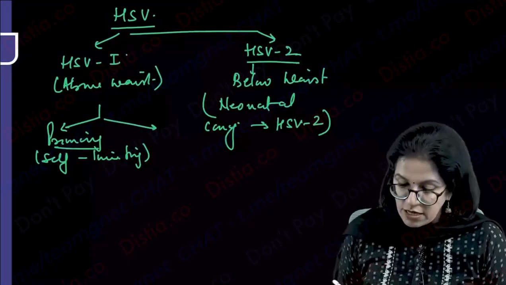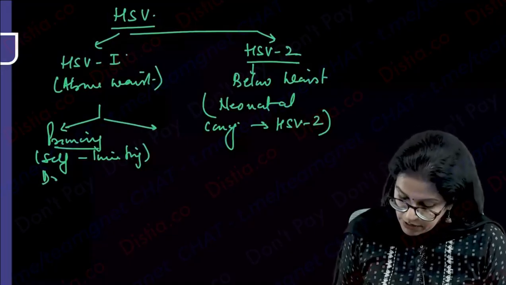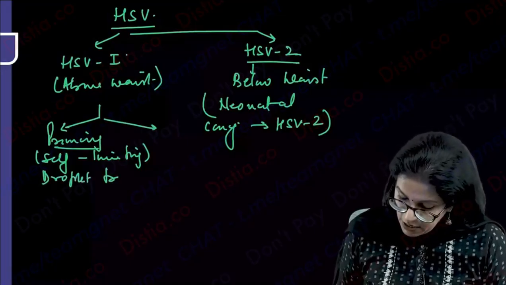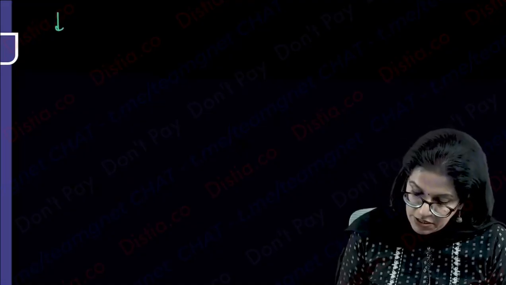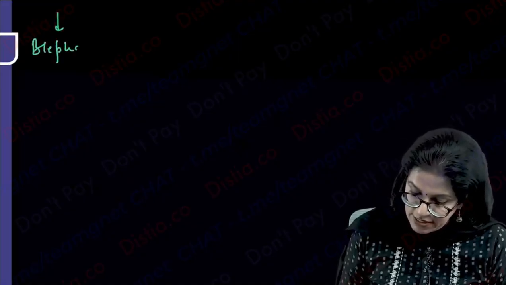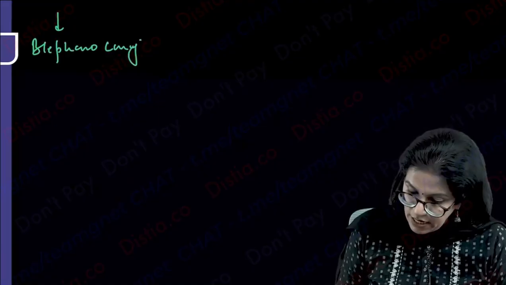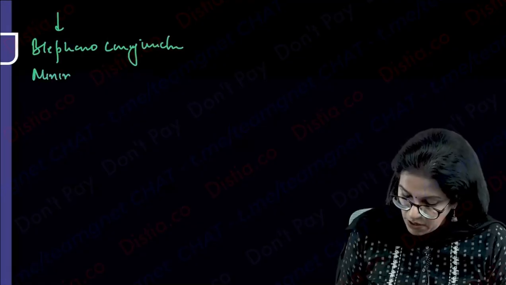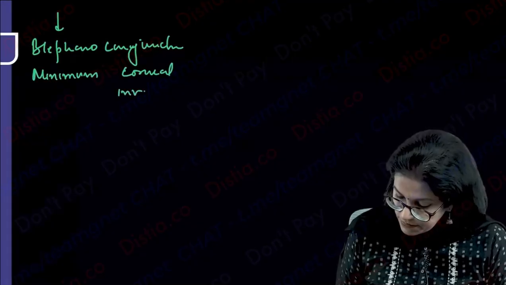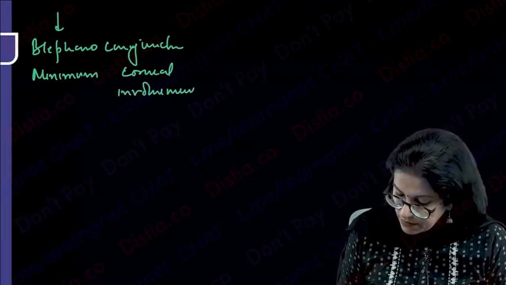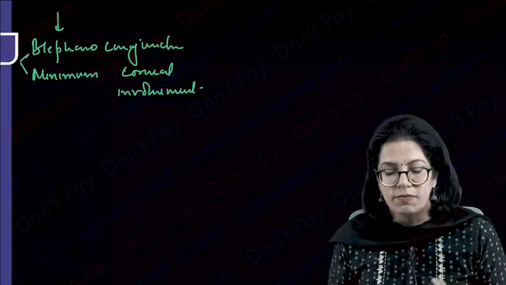Primary infections are mainly causing blepharoconjunctivitis, with minimum corneal involvement. So, this is your primary.